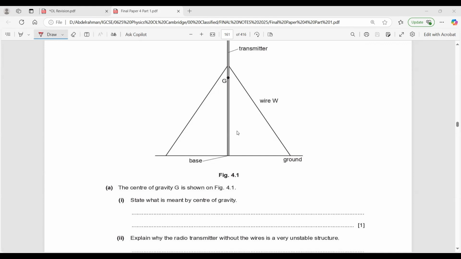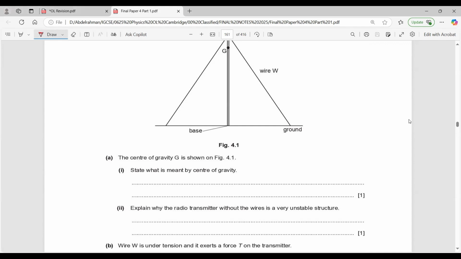So what is the center of gravity? It's a point at which all of the weight of an object is considered to act. Center of mass, center of weight, center of gravity, they're all the same thing.